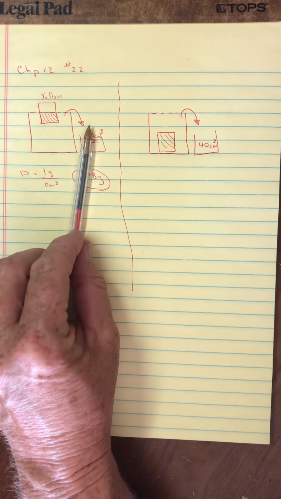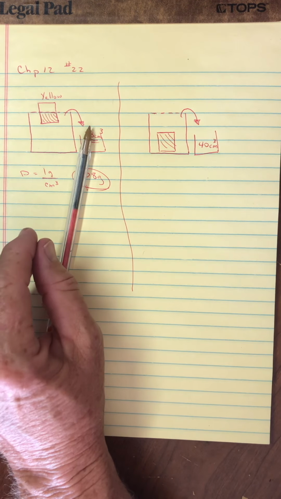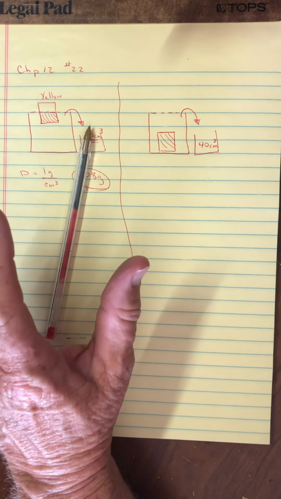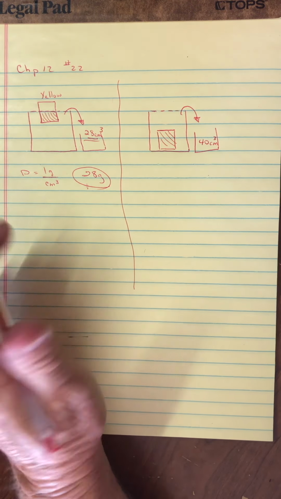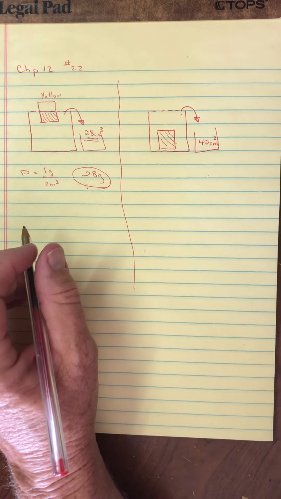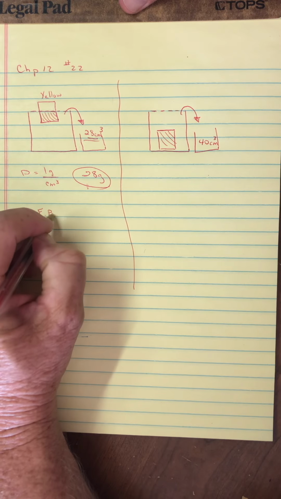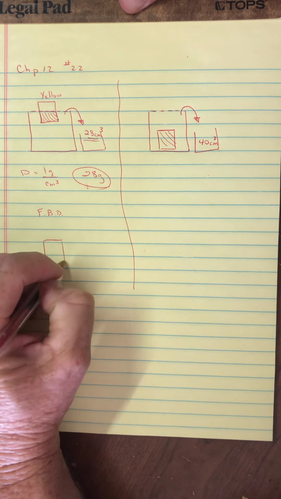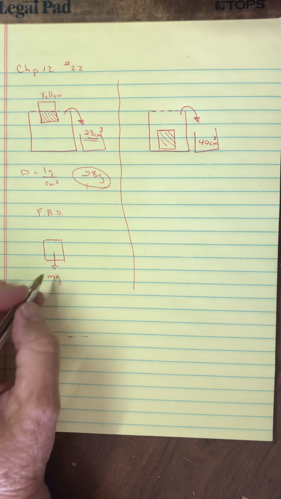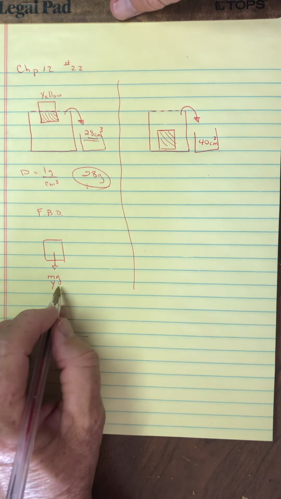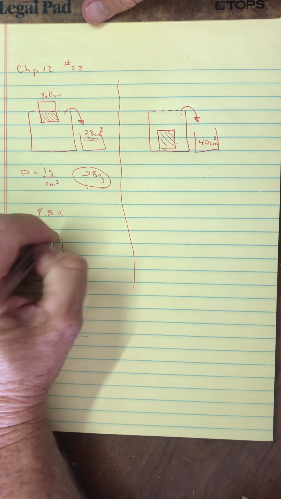Well, we could quickly answer this without doing a calculation, and I think I will, but I won't stop there because I don't think the author wants that. This is an exercise, so I think he wants a calculation here. But we know this: when this one was floating, if I did a free body diagram, it would be pulled down by the weight of the yellow object, so mg, and I'll put a y here, meaning the mass of the yellow object, and it's being pushed up by the buoyant force.